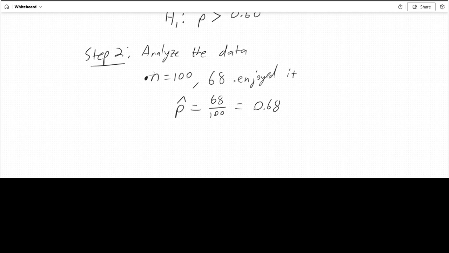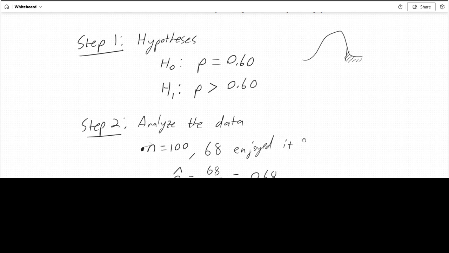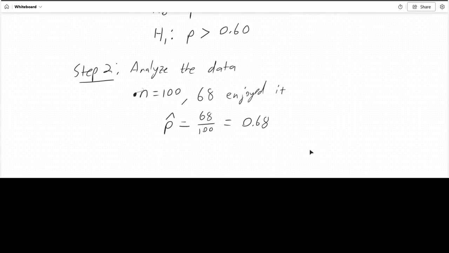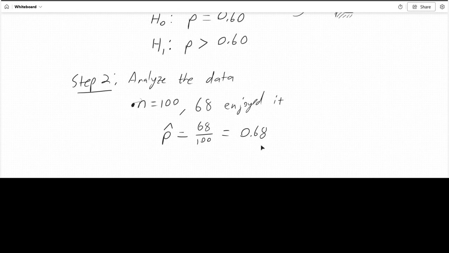Now, this is when we have to reaffirm why we're doing hypothesis testing, because it looks like 68% of people enjoyed it, and we're trying to prove that our proportion is greater than 60%. So some people might be satisfied with saying, hey, that's larger. But that's why we do hypothesis testing, to get a statistical answer for if this is good enough.